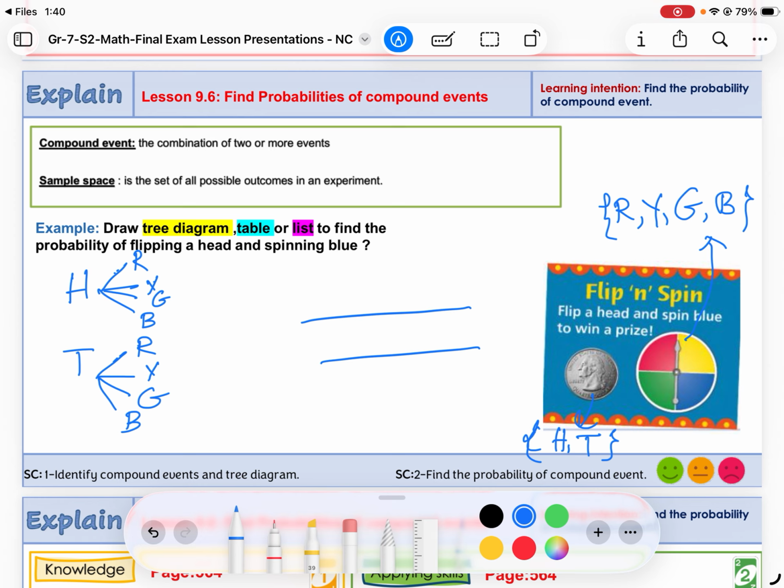So for example, I'm gonna start with 2 lines. I will put head here and tail here. That's my table. Then I need columns. Okay, let's see how many columns you need. You need 4. I have red, yellow, green, and blue. So that's my table.